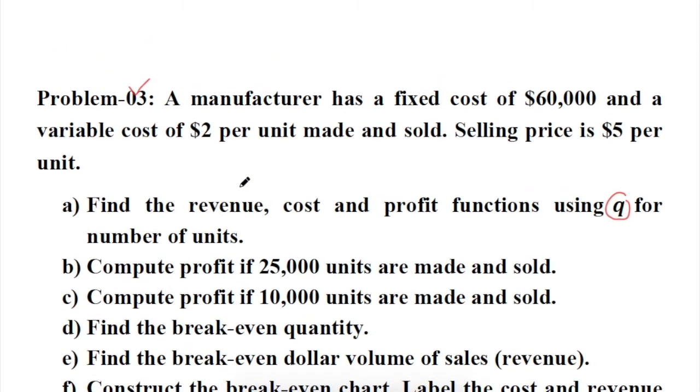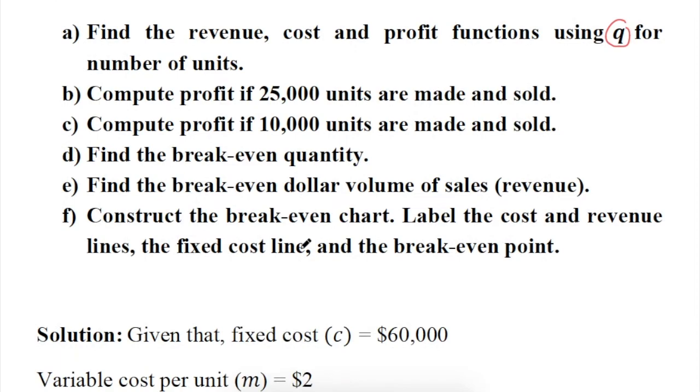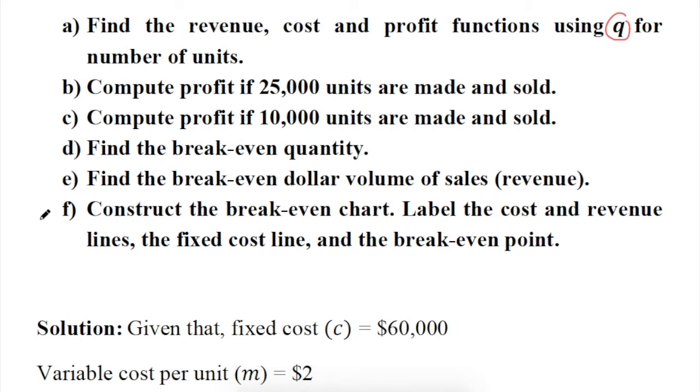In our previous two problems we used x for the number of units, so here you need to use Q for the number of units and nothing else. Everything is as usual. Here your question tells you construct break-even chart, label the cost and revenue lines, fixed cost line and break-even point. So you can do that.